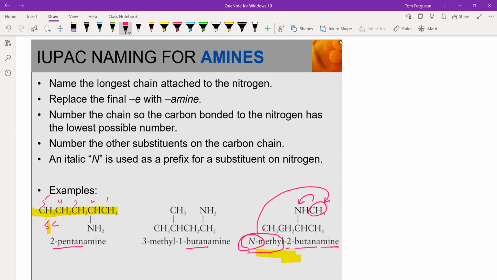And say we had 2 methyl groups hang off of the nitrogen.